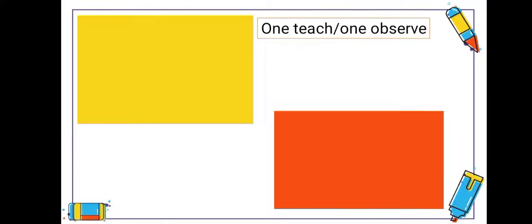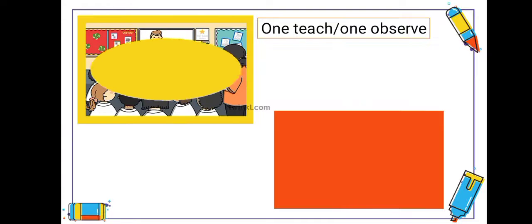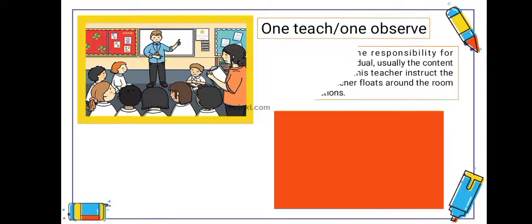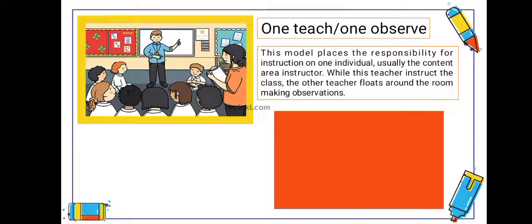Now let us define the first approach of team teaching, which is the one teach, one observe. In one teach, one observe, this model places the responsibility for instruction on one individual, usually the content area instructor. While this teacher instructs the class, the other teacher floats around the room making observations.